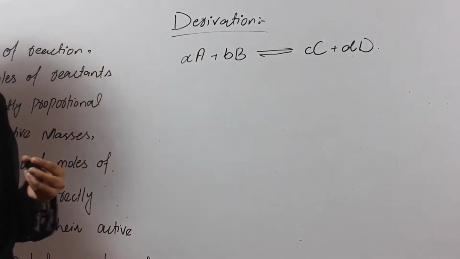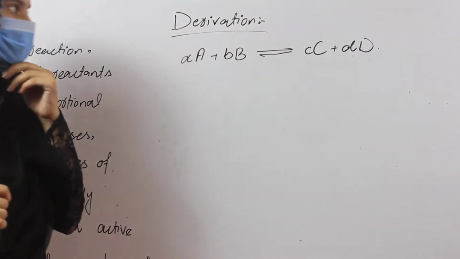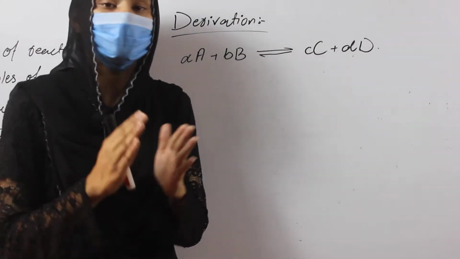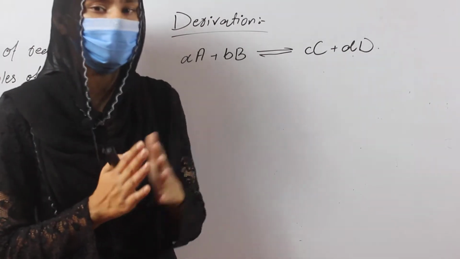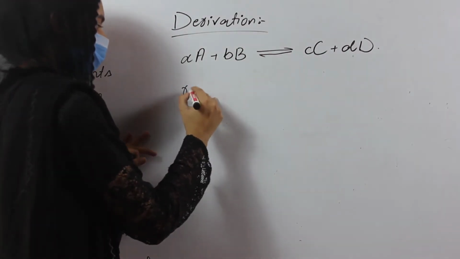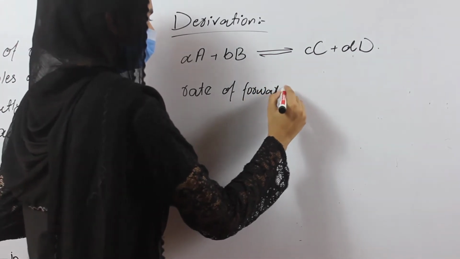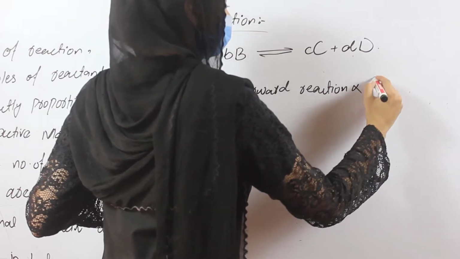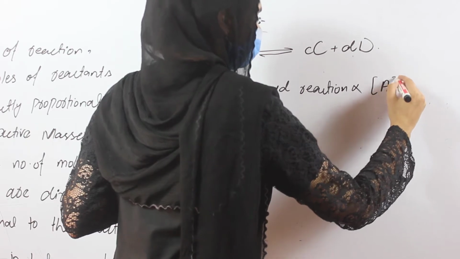Now we apply the law of mass action on this expression. If you remember, in the law of mass action the forward reaction occurs first, so first of all we deal with the forward reaction, that is, we calculate the rate of the forward reaction. The rate of the forward reaction is directly proportional to the number of moles of the reactants and their active masses.